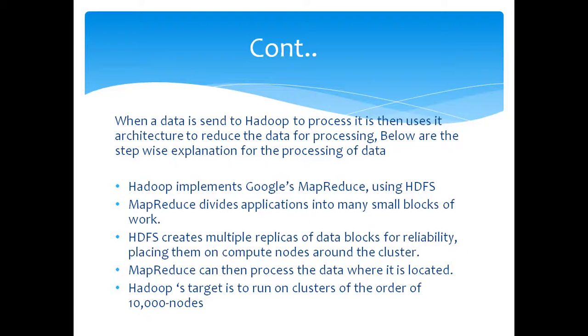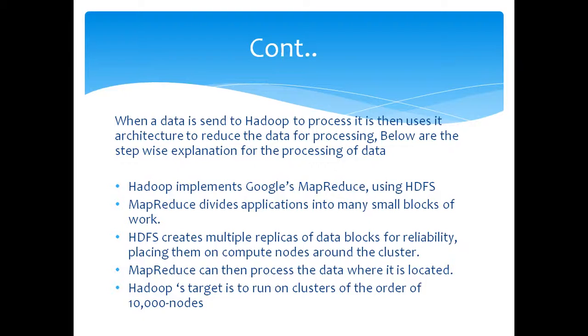It will take a copy of the data and store it on different machines. If there is any crash, the copy will be used. HDFS will place the data blocks on compute nodes around the cluster.